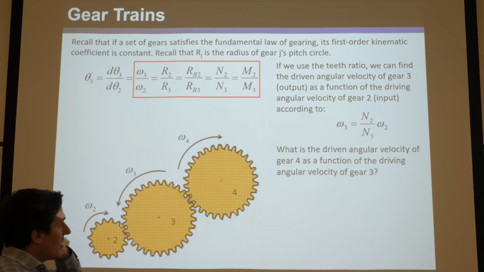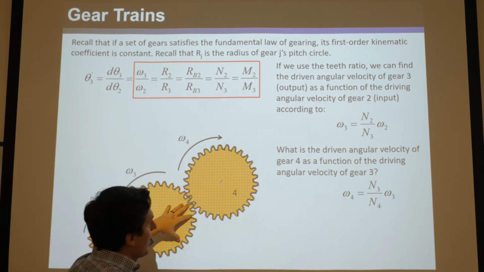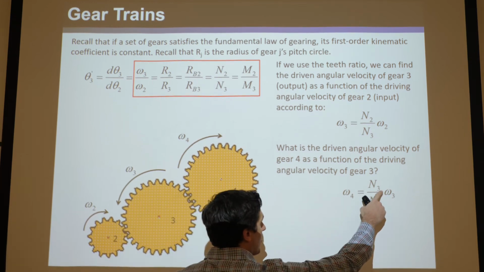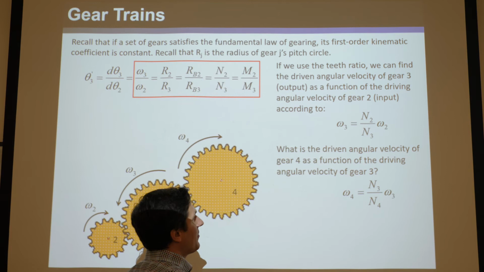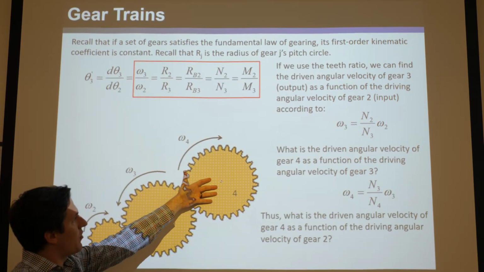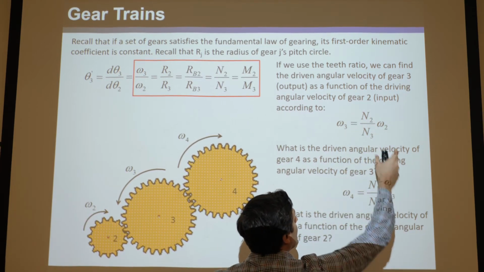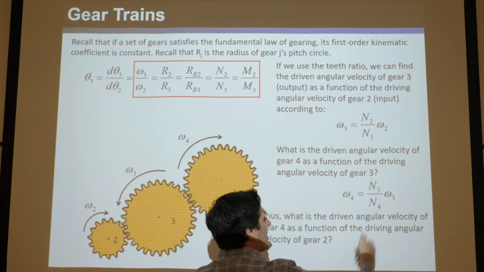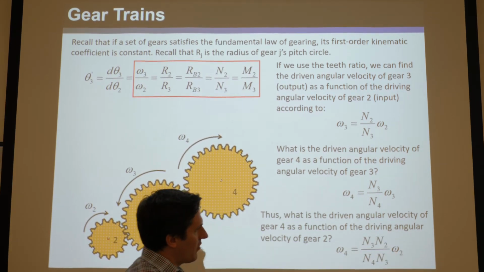So what you could do is you know that if you have omega 3 and you times it by this ratio of number of teeth on 3 divided by number of teeth on 4, you're going to get omega 4. So if you want to find the ratio of omega 2 to omega 4, well, if you take this and plug it in, right here equals omega 3, plug it in there, you're going to get this equation to relate omega 2 to omega 4.